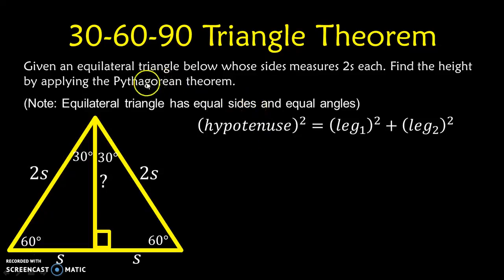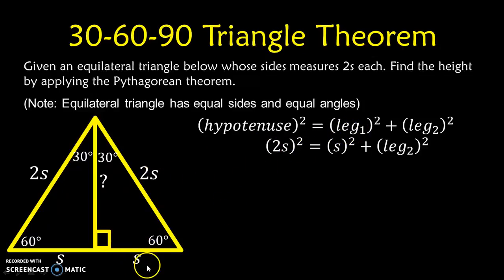So going back to the Pythagorean theorem, it states that the square of the hypotenuse is equal to the sum of the squares of the two legs. So we have the hypotenuse measures 2s. The first leg measures s, this. So we are to find the second leg.